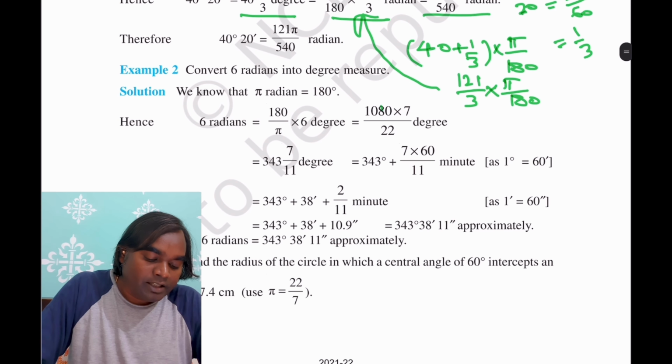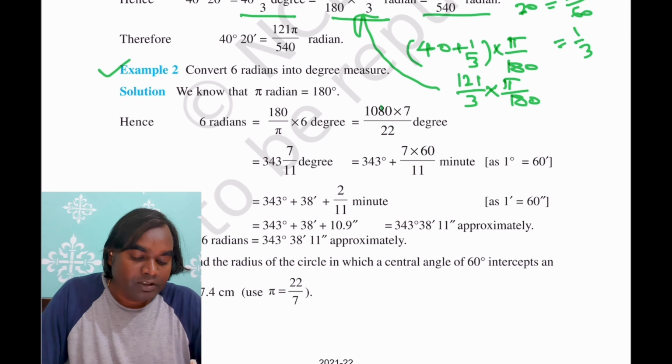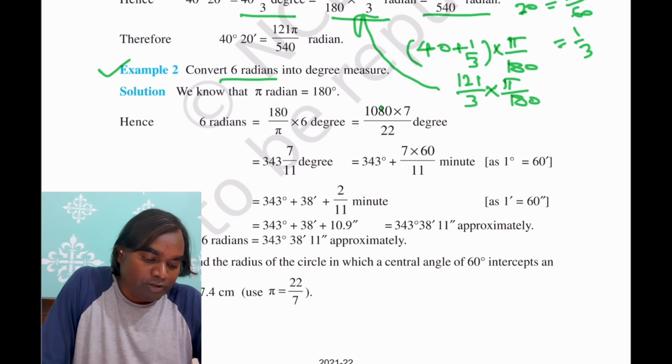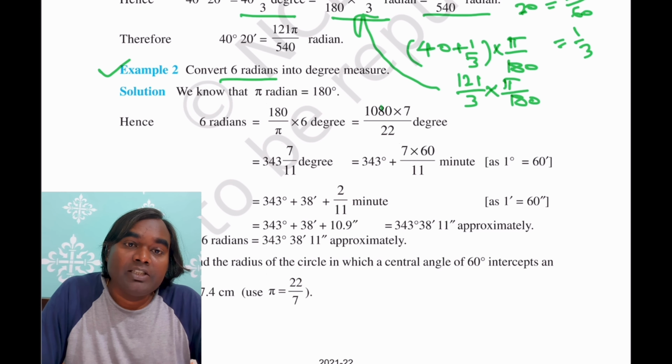Similarly, you can convert radians into degree. So solve this example number 2. That is very easy. If you have any doubt, please ask me in the comment box. You have to convert 6 radians into degree. So you know that pi radian is equal to 180 degree. That means 1 radian is equal to 180 degree by pi.